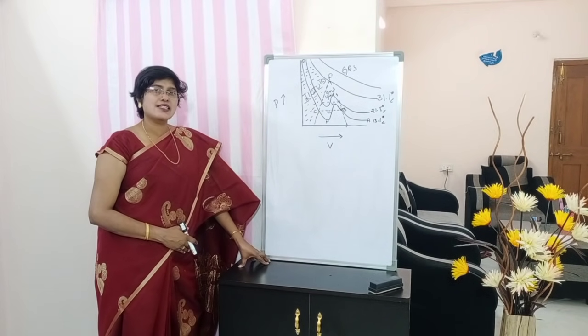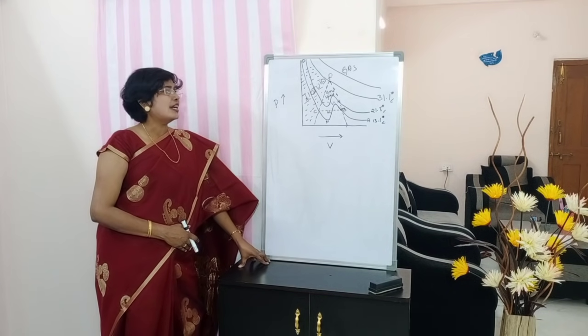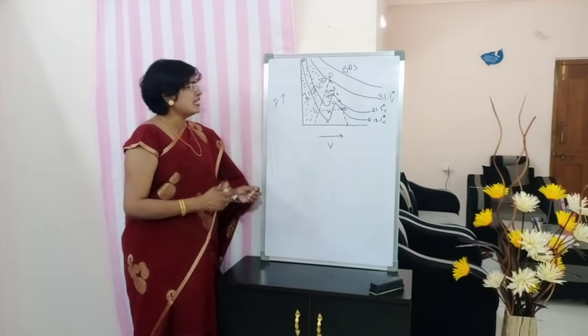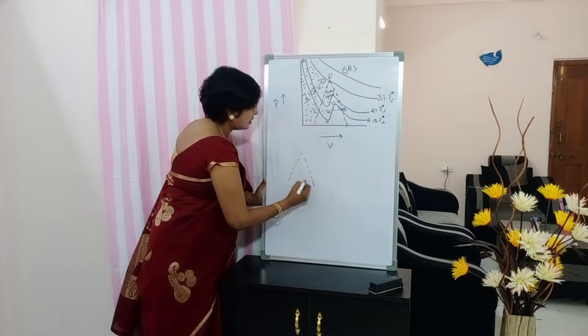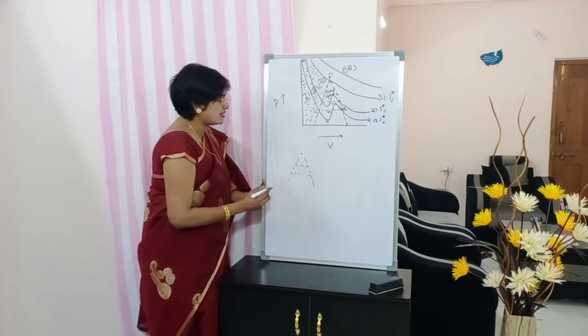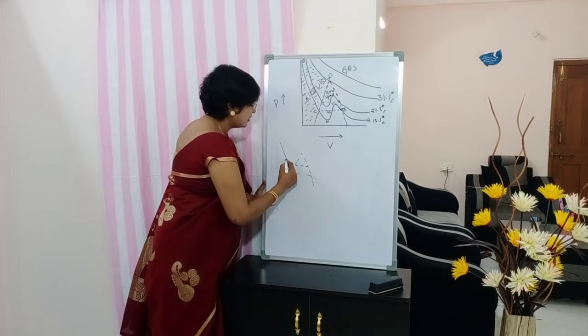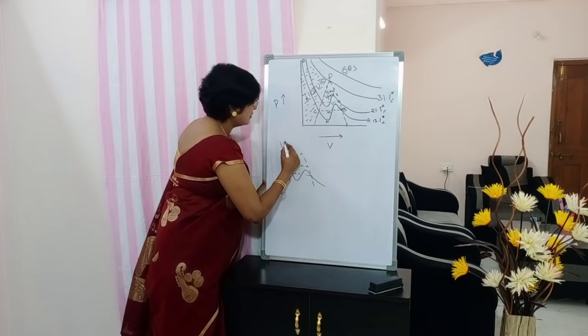They are called experimental isotherms. These are called theoretical isotherms. Everything is same, students. Boundary is there. Horizontal portion is there where liquefaction takes place, but there see the isotherms here.